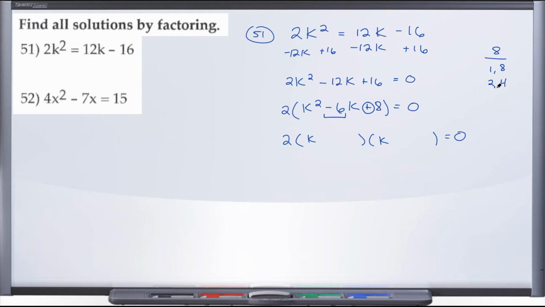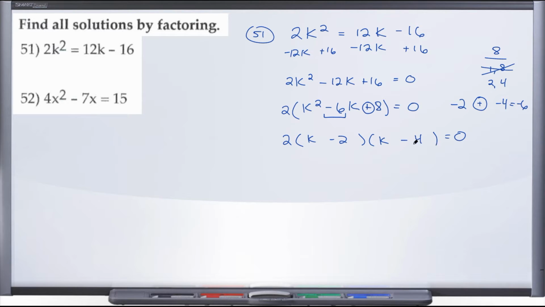The only factors in this list that can possibly add to give us negative 6 are 2 and 4. And what do the signs have to be? Negative 2 plus negative 4 does give us negative 6. So let's put negative 2 and negative 4 in.